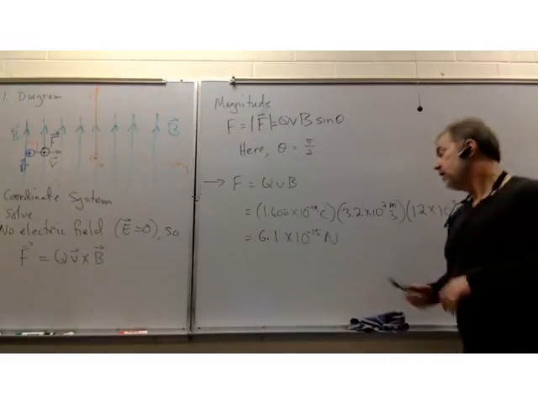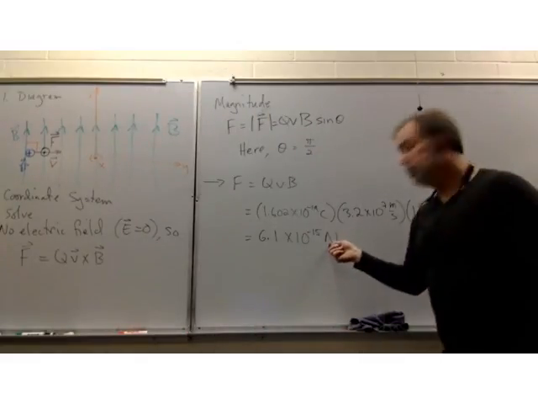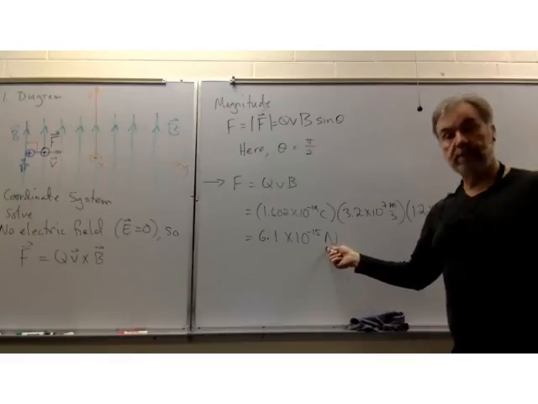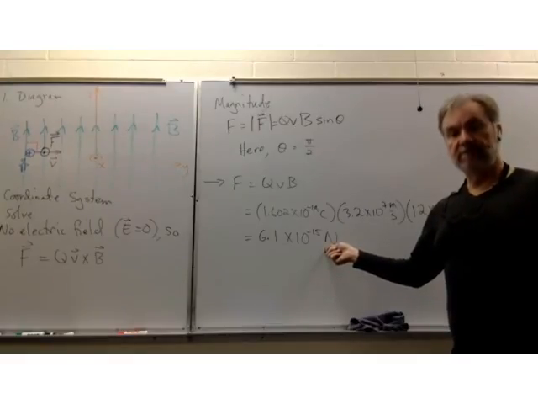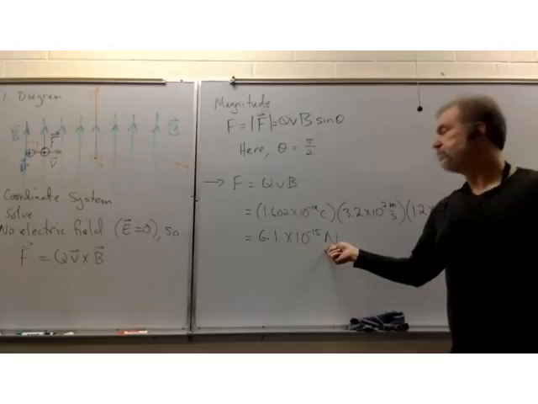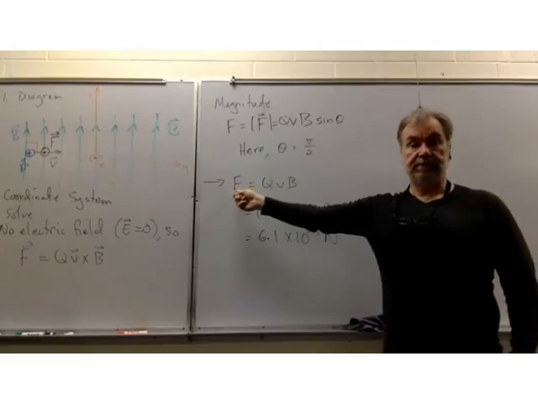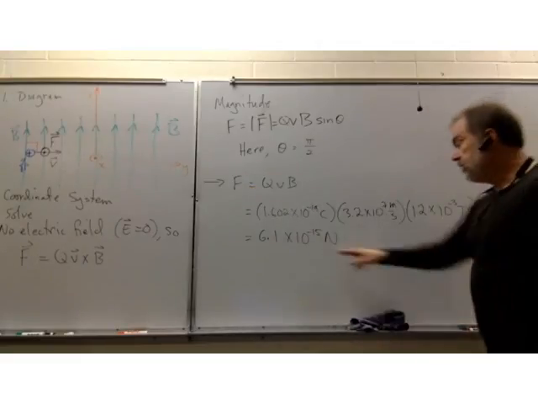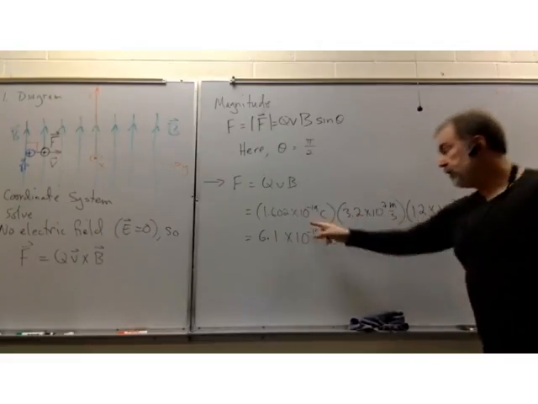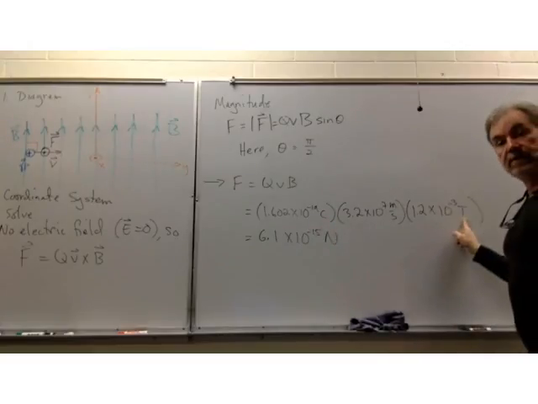How did I know it was newtons? Think about that for a moment. Pause the recording and think about it. Okay, you're back. The answer is, because I'm calculating a force, it's got to be newtons. This would then enable you to figure out how a Tesla is defined.